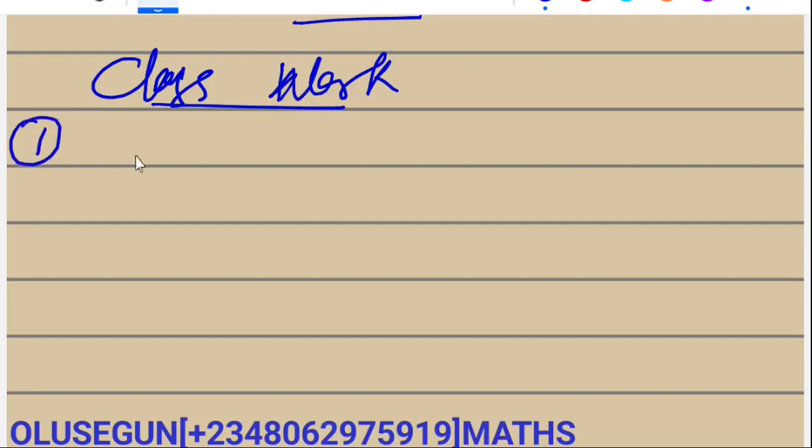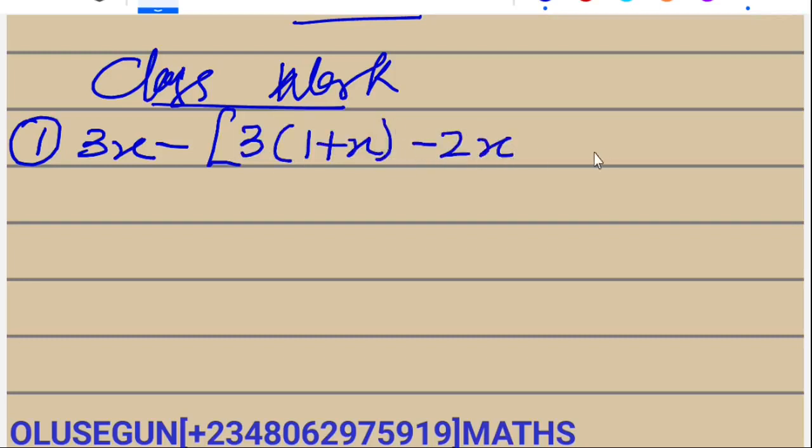The first one is, this is 3x minus a big bracket open, 3, small bracket open, 1 plus x. You have to try. I have the solution with me. I will solve it for you if you find it difficult, but try your best first. Find the value of x.